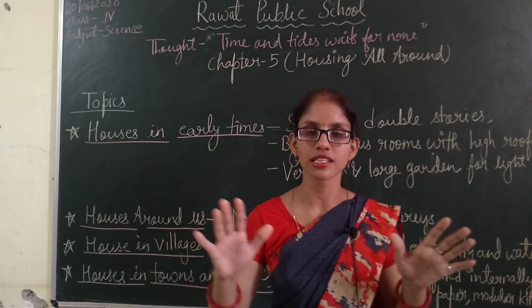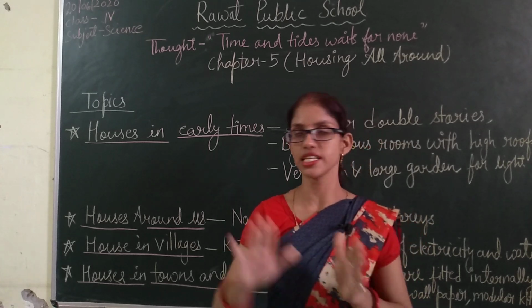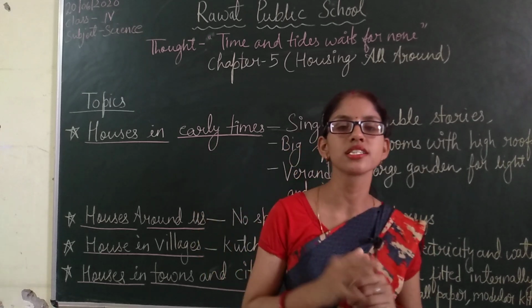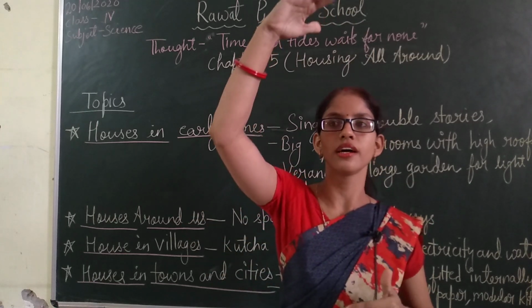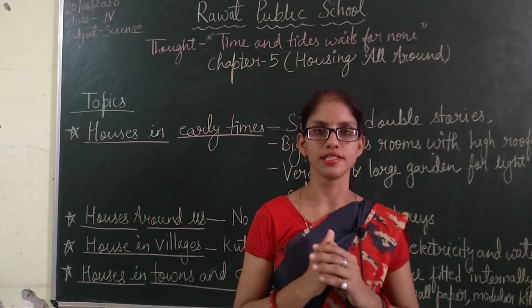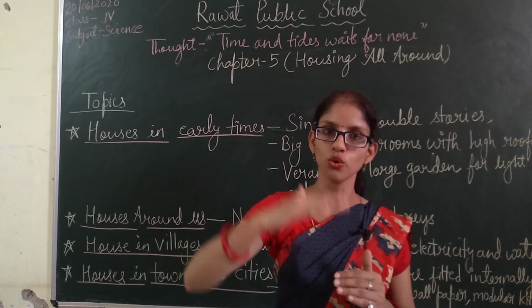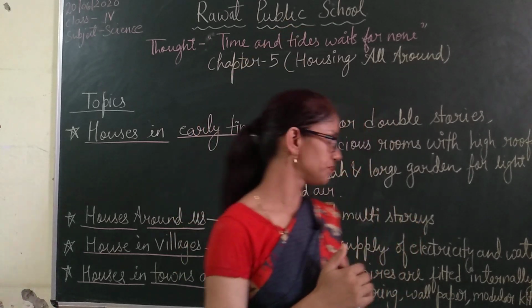So land is only that much at present. The population is increasing, so the houses are made multi-storied and small in size, and the ceiling is also at a lower level than in earlier times.